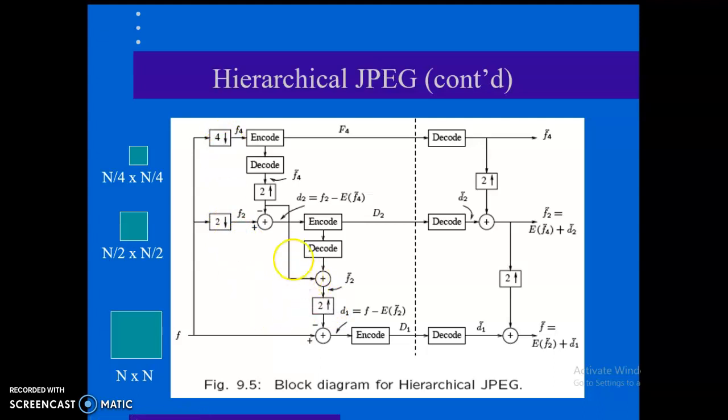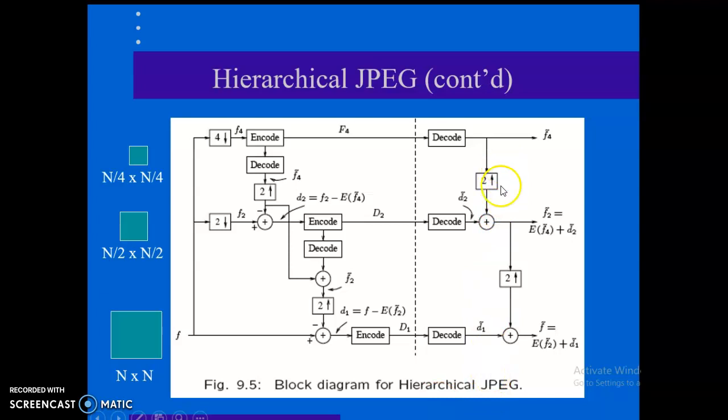So decode, up 2 up only given. So here f is coming to summation. Then it is given to encode here D1. So this area is full decode, this area is full encode, we can say.